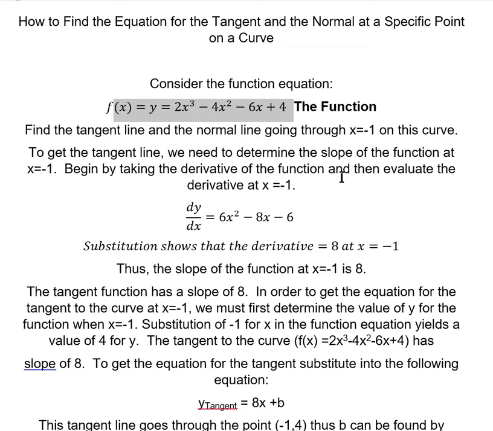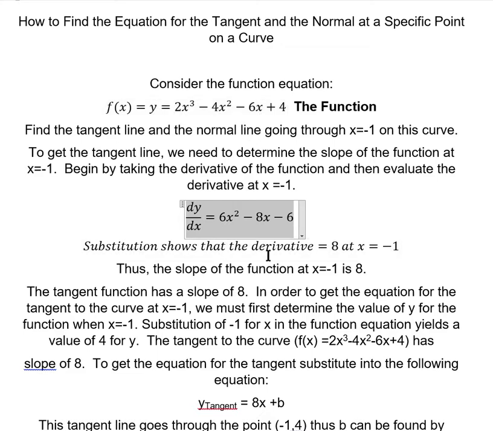So in order to get the tangent to the curve at x equal minus 1, we have to determine the slope at minus 1. And from that, we're going to take the derivative. I think you can see that the derivative of this polynomial is 6x squared minus 8x minus 6.